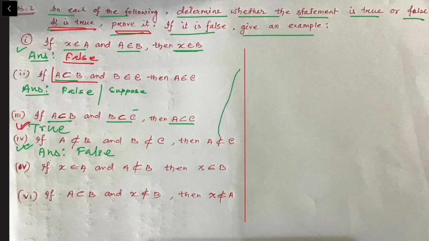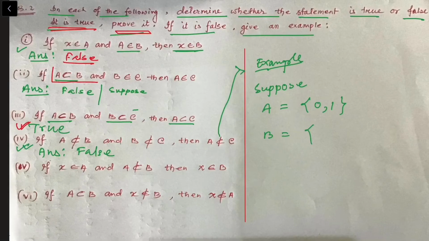So let me give you an example here. Suppose set A contains 0, 1, and set B contains 1, 2, 3, and C contains 0, 1, 2.